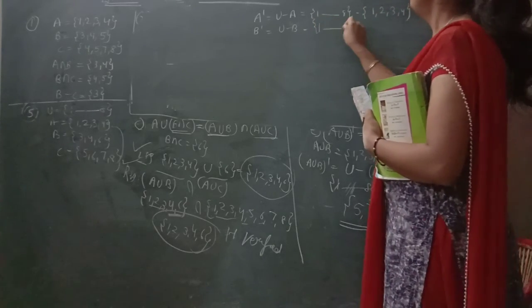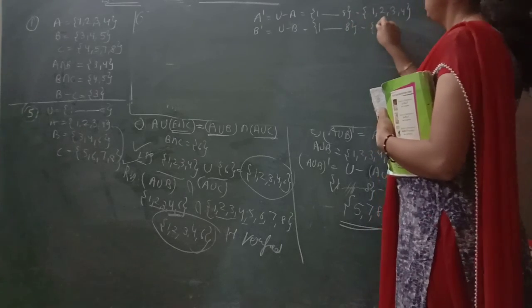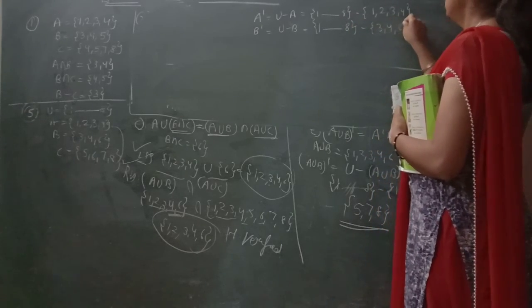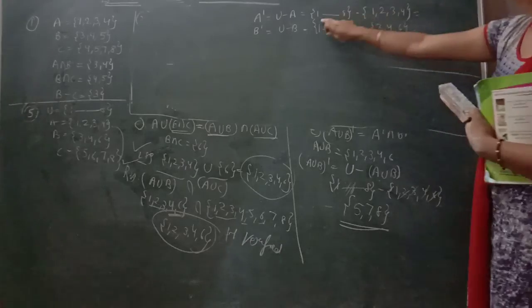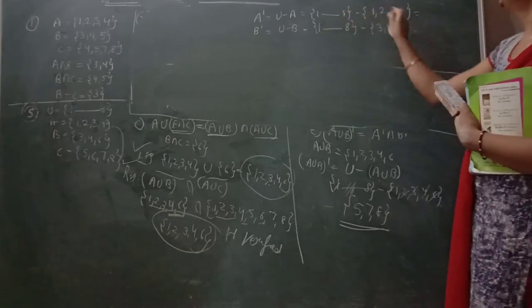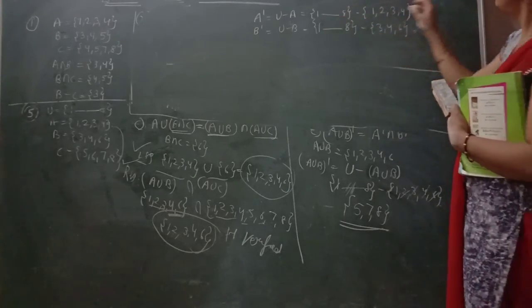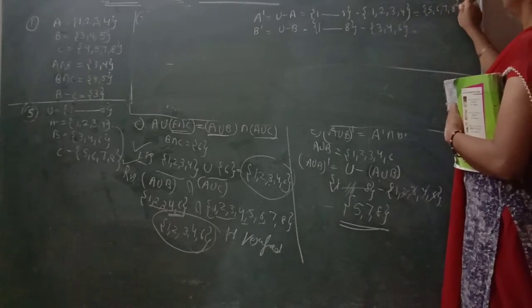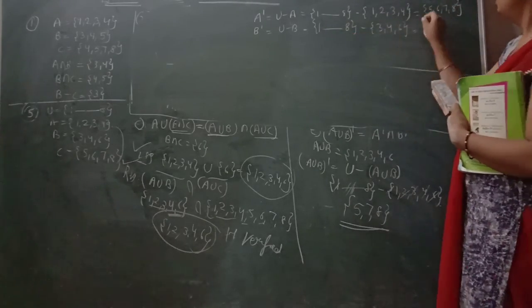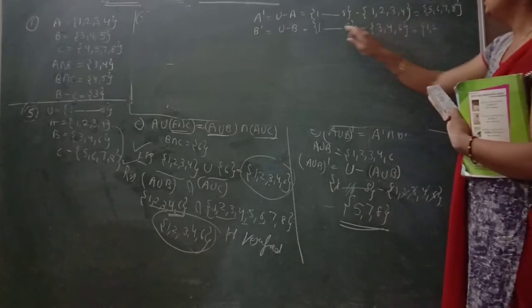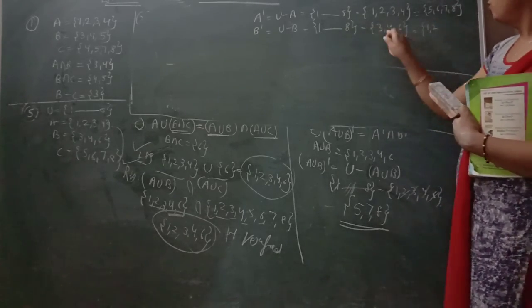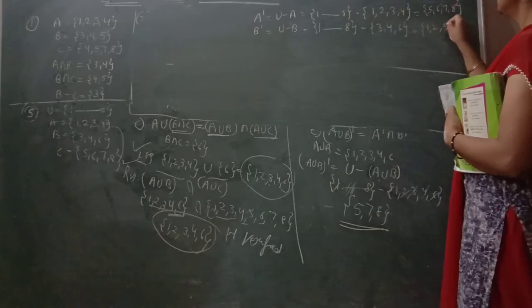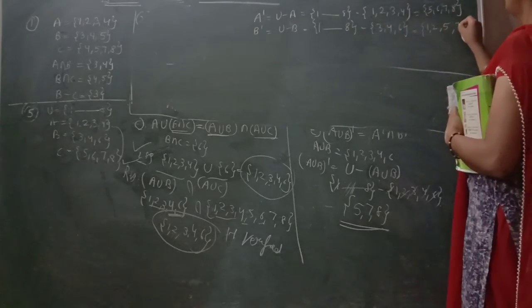Same 1 to 8 and B is 3, 4 and 6. Now subtract. 1 cancel, 2 cancel, 3 cancel, 4 cancel, and then what will be left here? 5, 6, 7 and 8. And 1 will be left here, 2 will be left there, 3 cancelled, 4 cancelled, 5 will be left there, 6 will be cancelled, and 7 and 8.